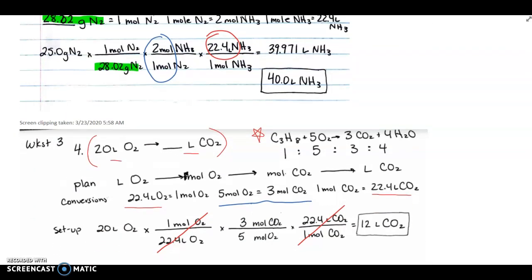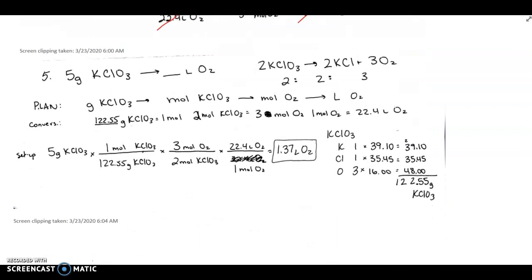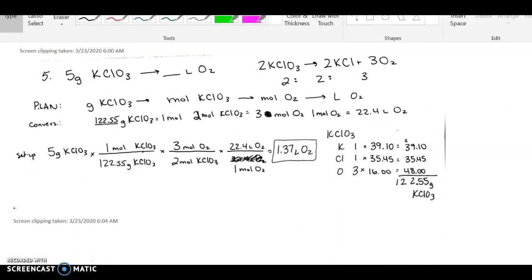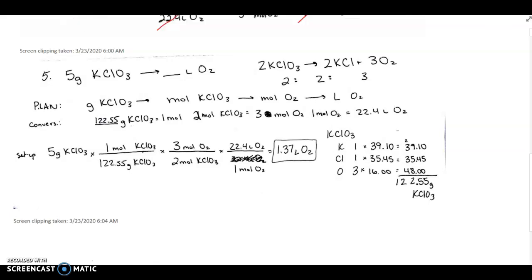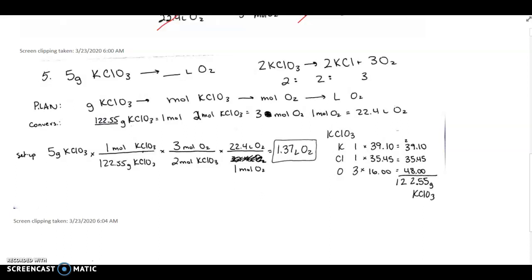And then if we go down to number 5, this one was a bit more complicated simply because this one was one of these that we didn't have. We had to do a chart for it. So we had to highlight. We have this grams over here. We're going from grams. That's one of our conversions. You have to have that on the bottom.